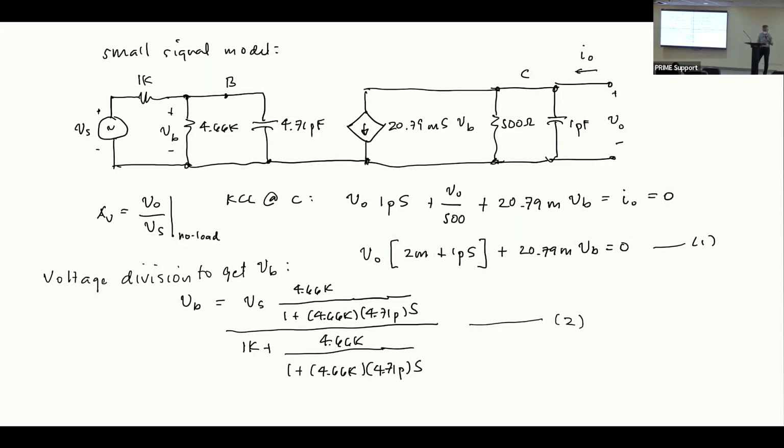So using voltage divider, the parallel combination of 4.66K multiplied by 4.71 picofarad.